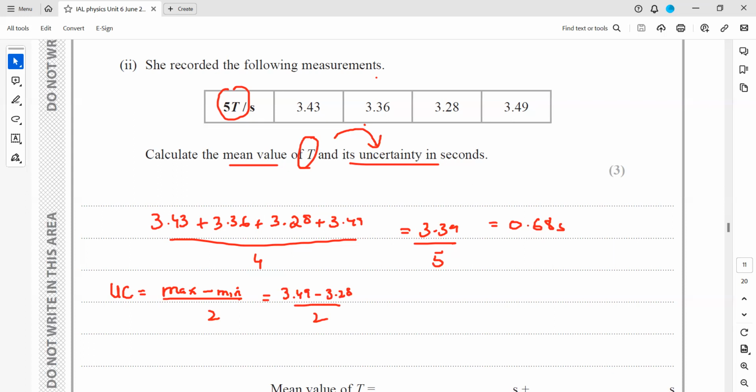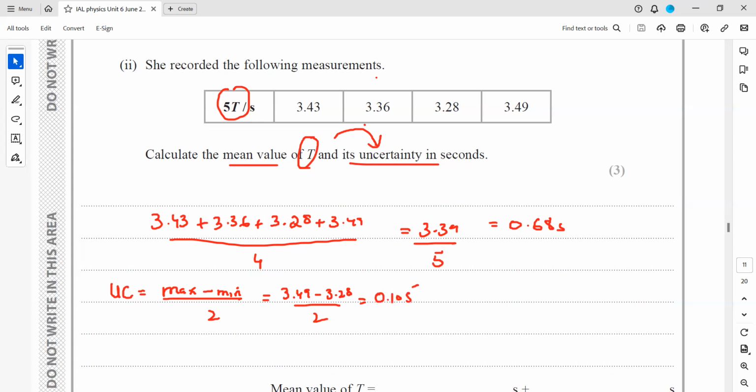But this is the uncertainty in 5 oscillations. 3.49 minus 3.28 divided by 2 equals 0.105.